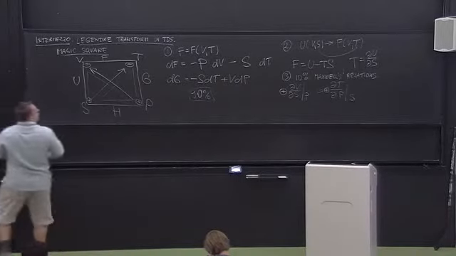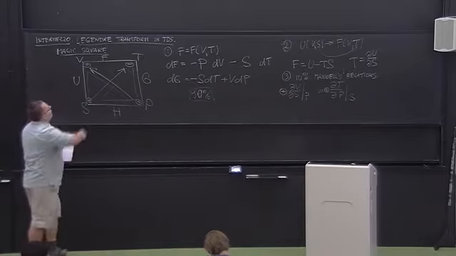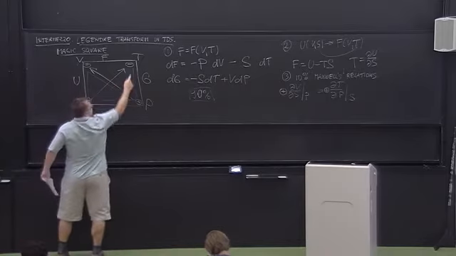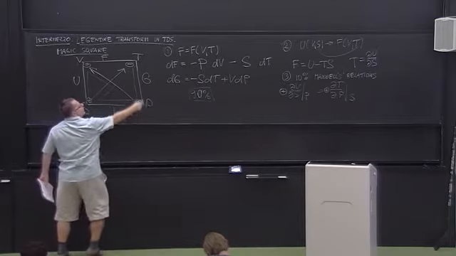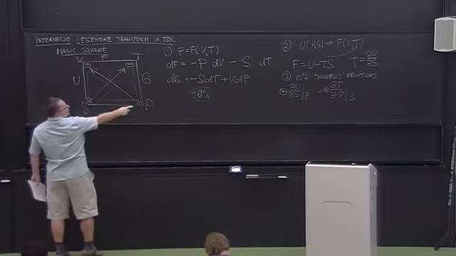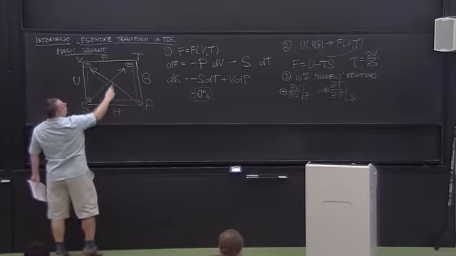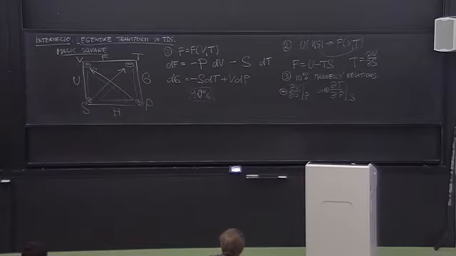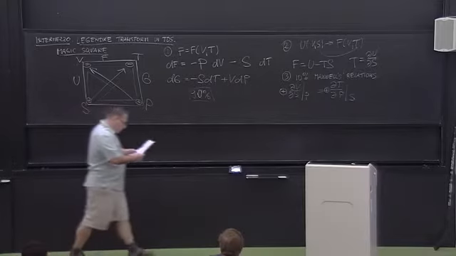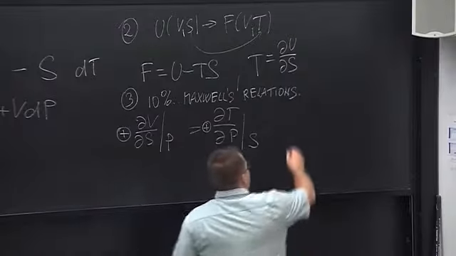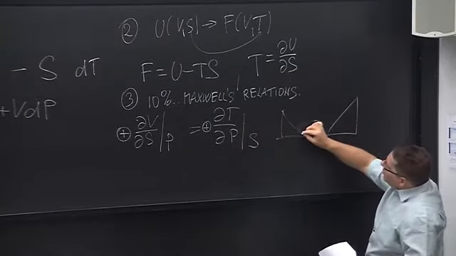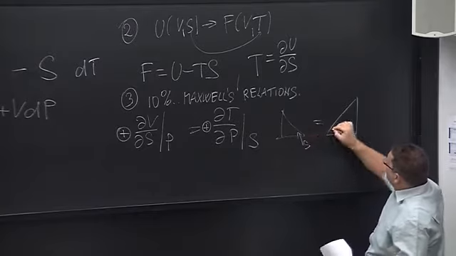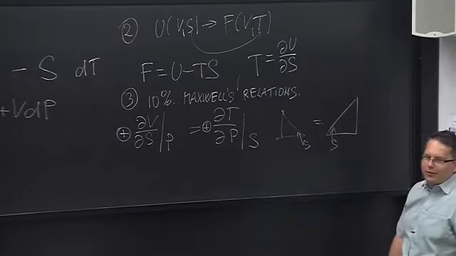Now if I wanted a different one, for example dV over dT at constant P, it would be dS over dP at constant T, but now one of them has plus and the other one has minus, so there will be one minus sign on the side. Okay, so these are triangles. This equals that, and then the sign you read here.